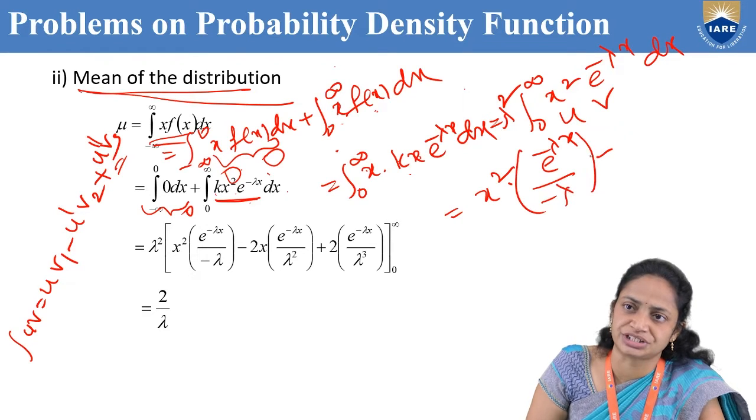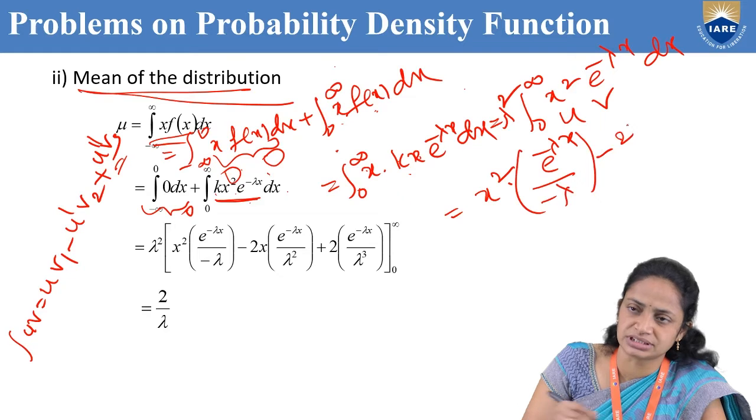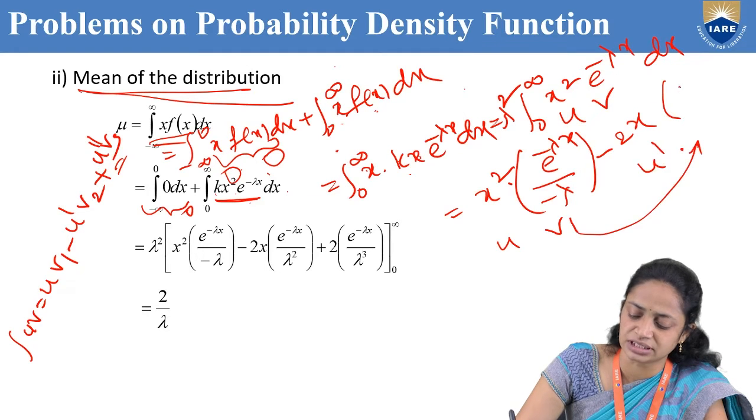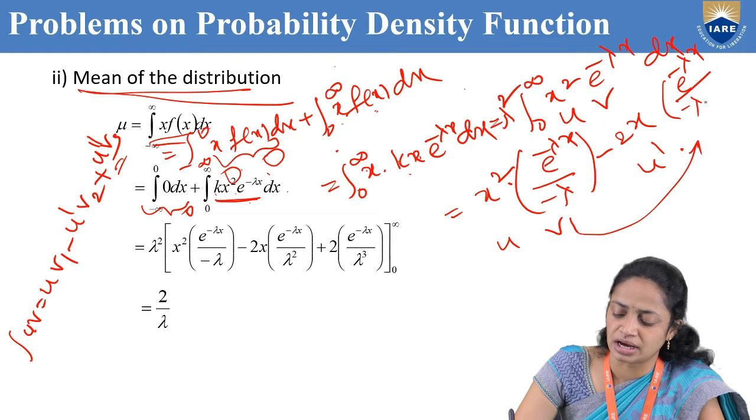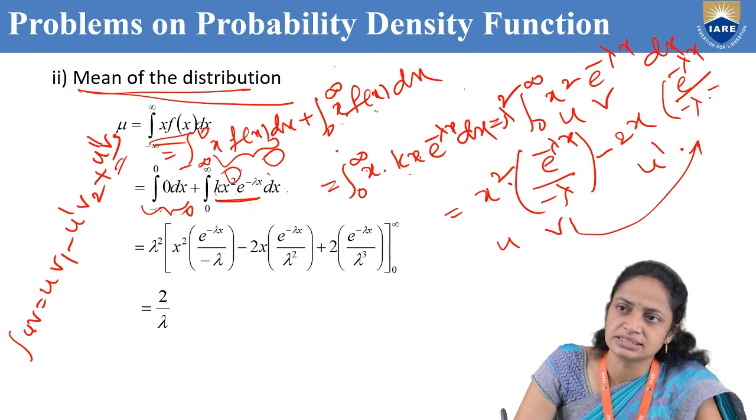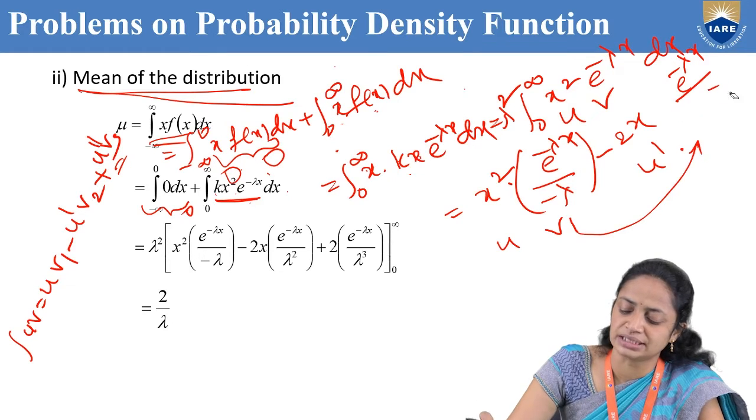Then u dash is 2x, and v2 is e power minus lambda x divided by minus lambda into minus lambda, that is lambda square.